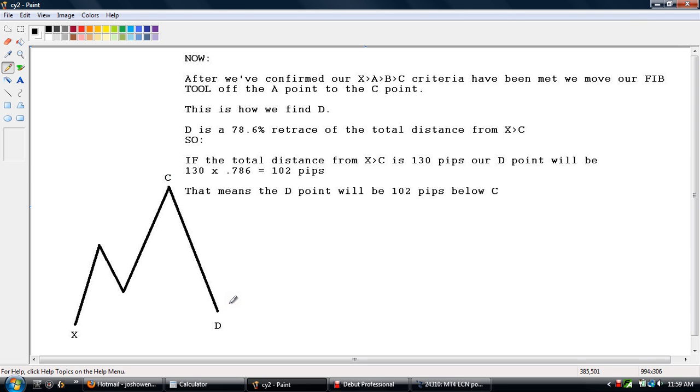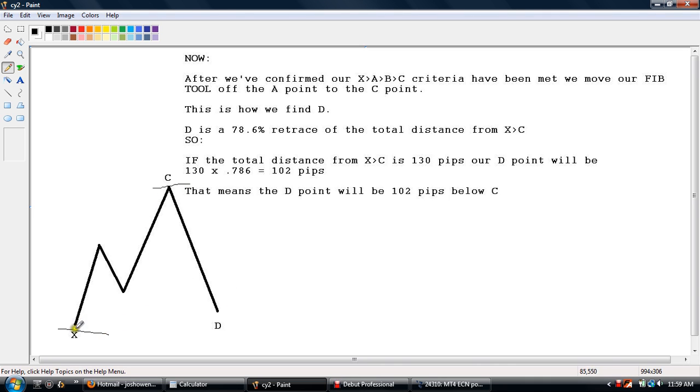Okay, so you shouldn't need to put the calculator on any of this. I'm just using those examples. The fib tool does that for you. In other words, I'm just using those examples so you can get a mental picture of what 78% of this X to C is.